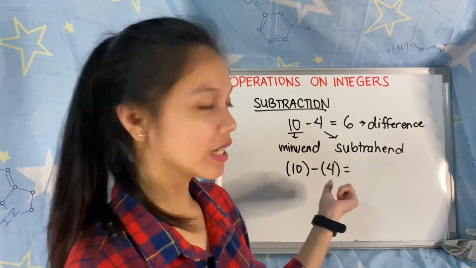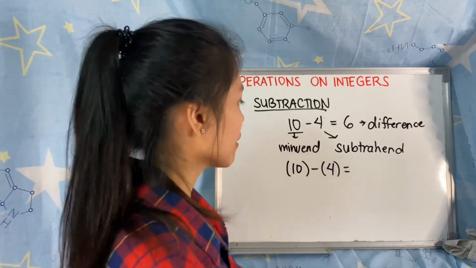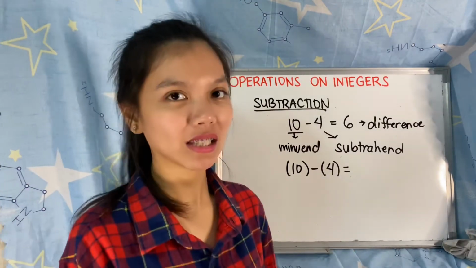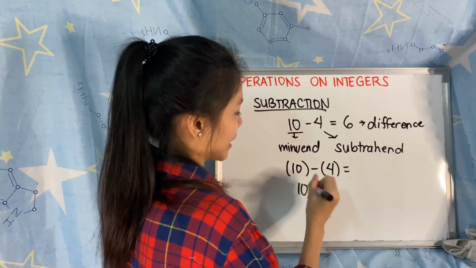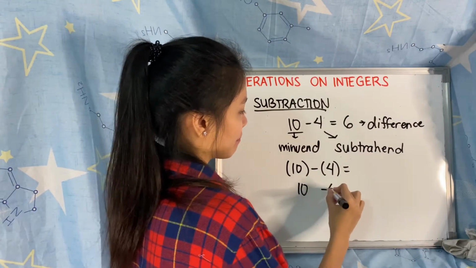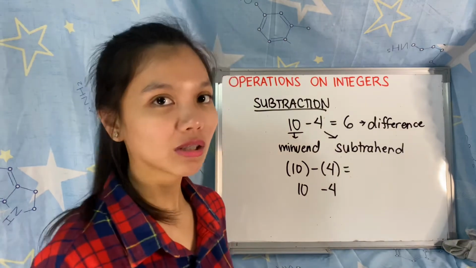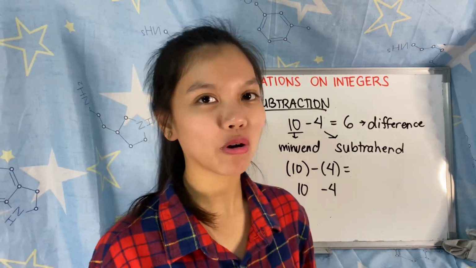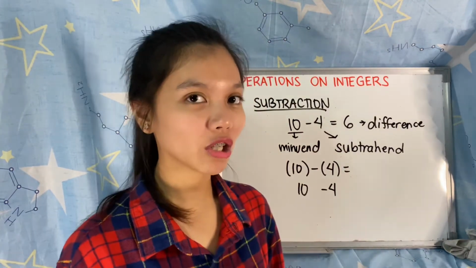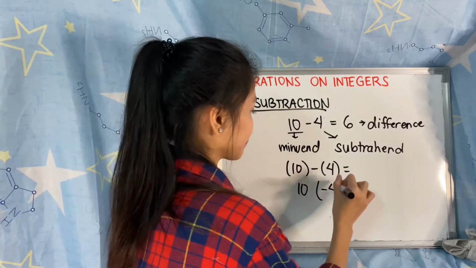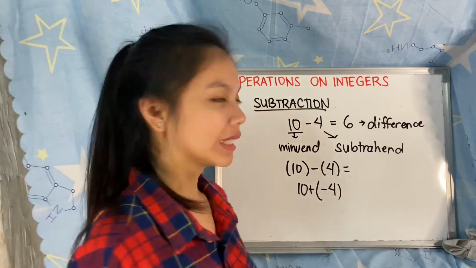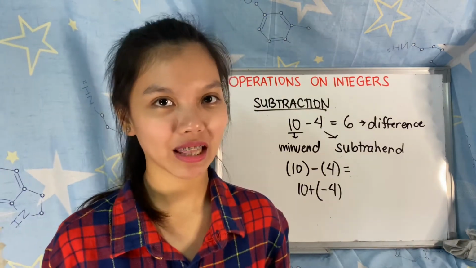Of your subtrahend. If we get the opposite sign of positive 4, that will become negative 4. Then, you are going to apply the method on adding integers. So, we have 10 plus negative 4.